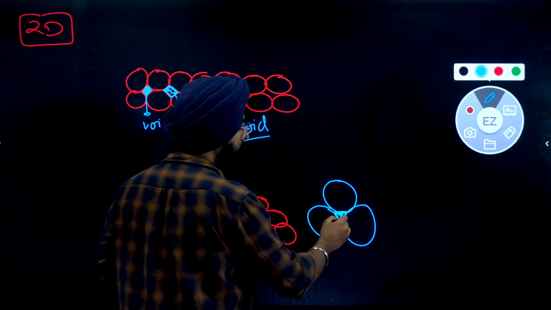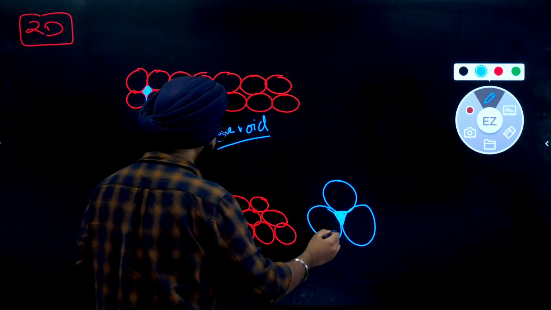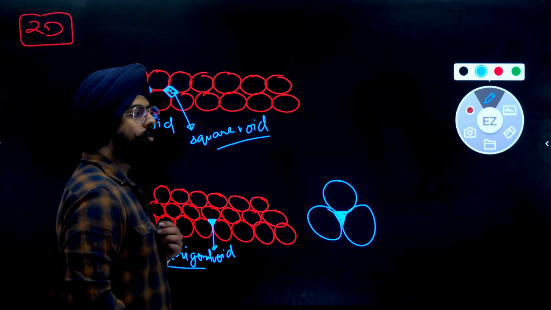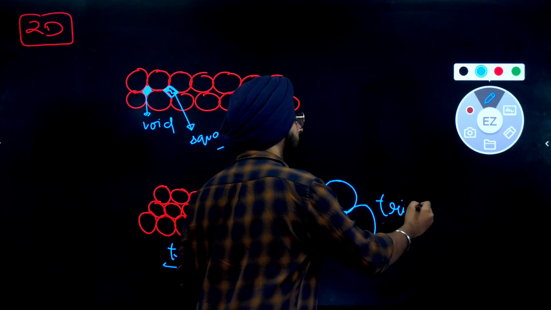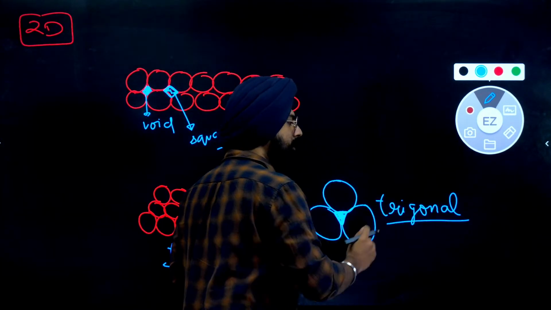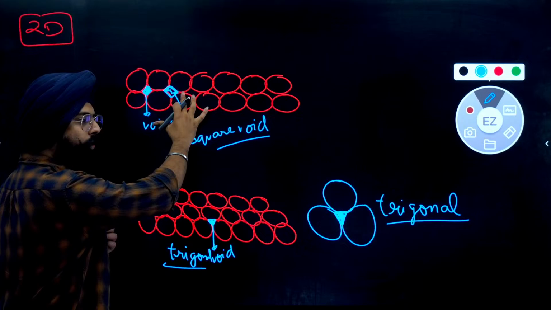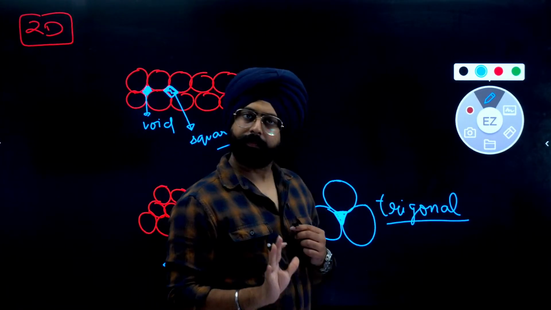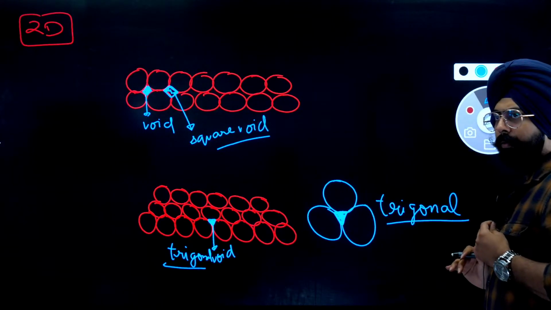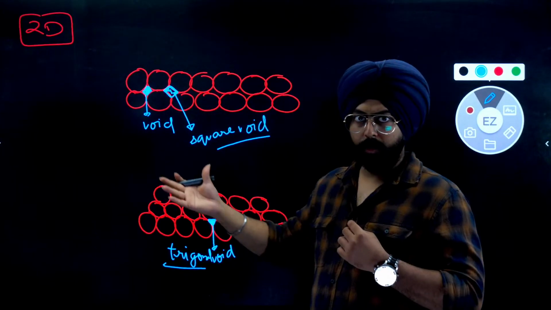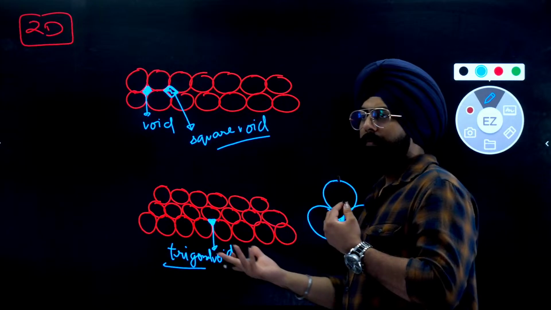And this particular void is known as the trigonal void. Fine. So we understood square void and trigonal void. This is what we have in 2 dimensions. At any point of time you want to pause the video to write things down, you can.